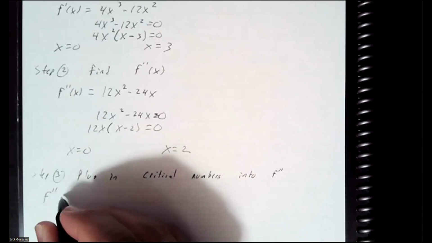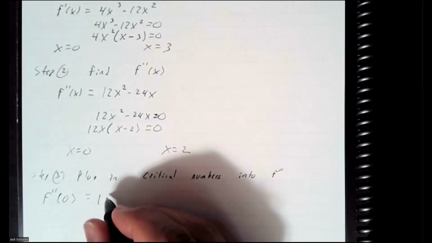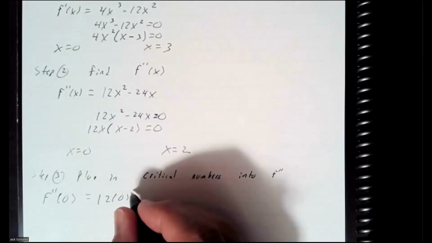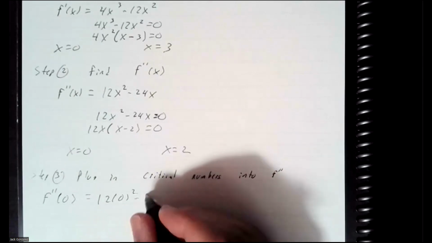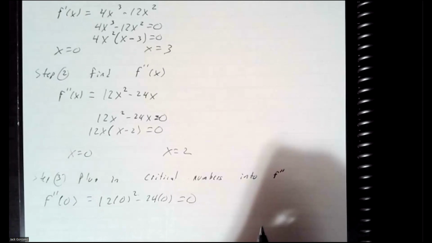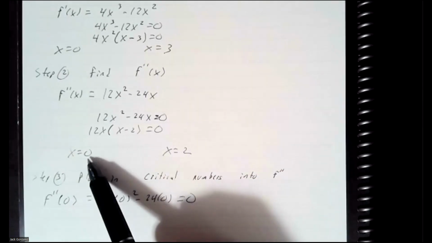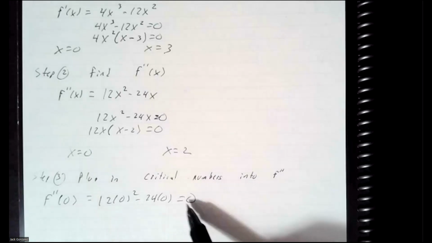So let's do it. F double prime of 0, it's a critical number. So that will be 12 times 0. And since it's an inflection point, this doesn't tell us anything.